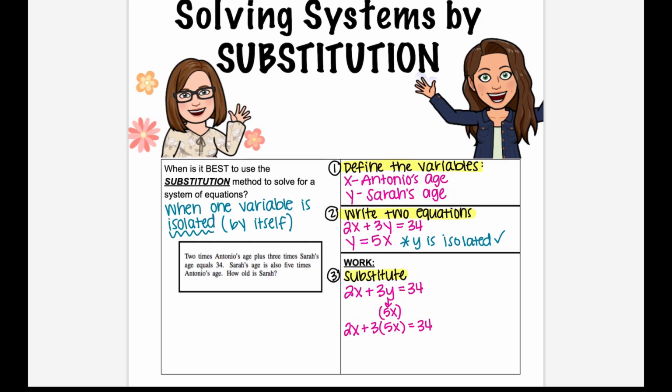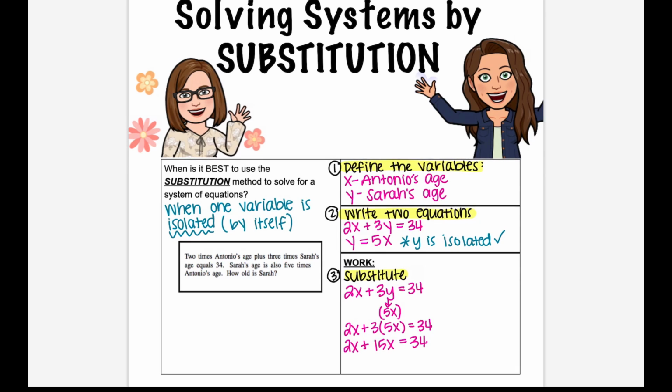Now we can actually solve for x. And we do that by simply solving out this equation that we have now. So 2x plus, so 3 times 5x is 15x, equals 34.